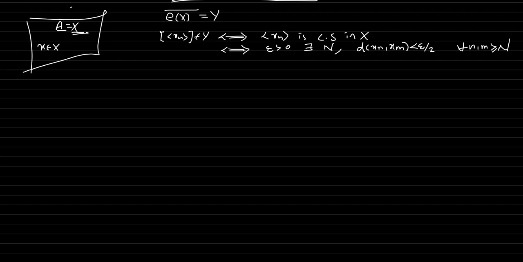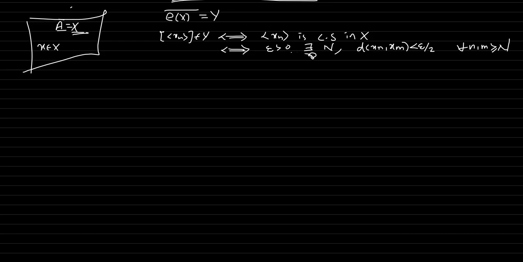When we choose epsilon greater than 0, epsilon by 2 is also greater than 0. Therefore, corresponding to epsilon by 2, there exists a natural number which satisfies this condition. But we are first choosing epsilon, so I am writing here epsilon greater than 0, there exists N that satisfies these conditions.